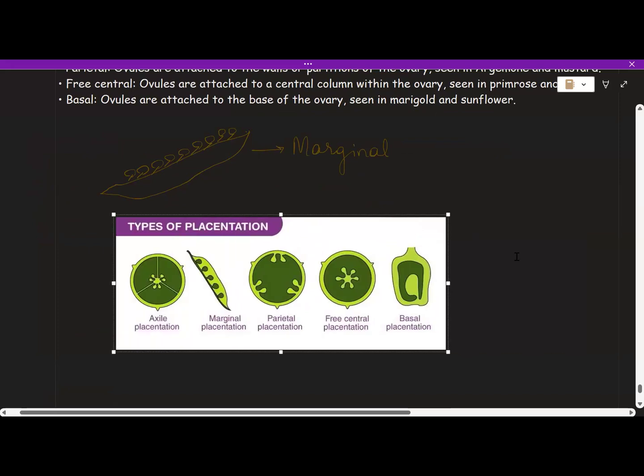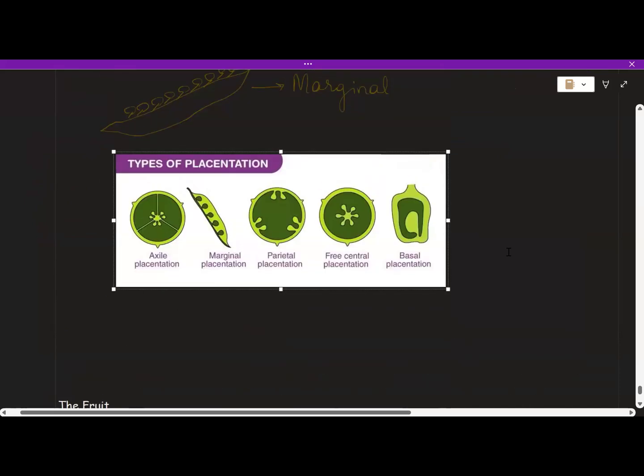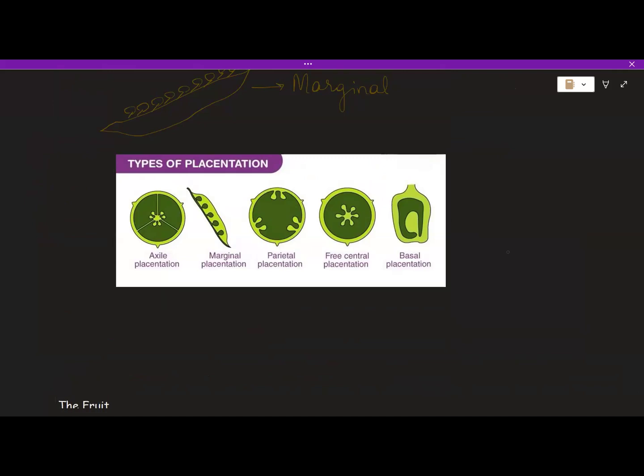So these are the various different kinds of placentation that we were talking about. The first, we have already discussed, is the marginal placentation, which is present in the pea plant. The second is the axile, wherein all the ovules are present in the central axis, just like the first picture.